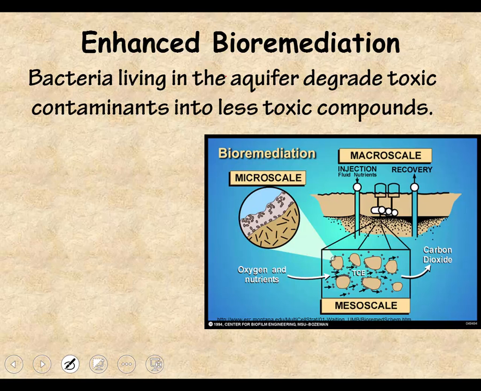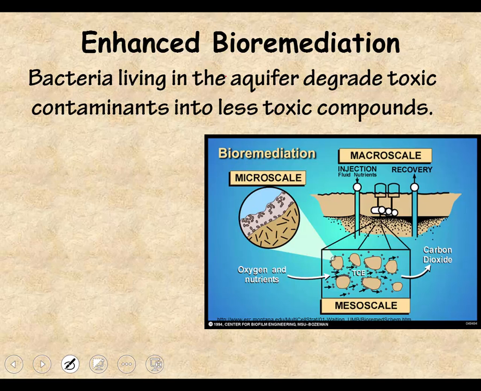Okay, here we're looking at it at different scales. At the microscopic scale, here we're beginning to see the mesoscopic and macroscopic. We're injecting nutrients and in some cases the actual organisms, although sometimes we just feed the organisms that are there. That's kind of what we do with the septic tank.